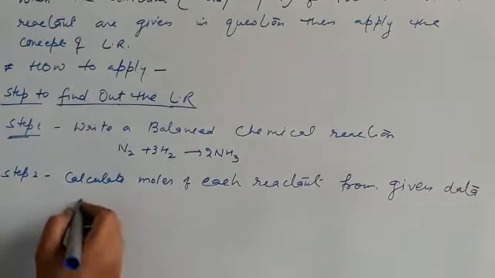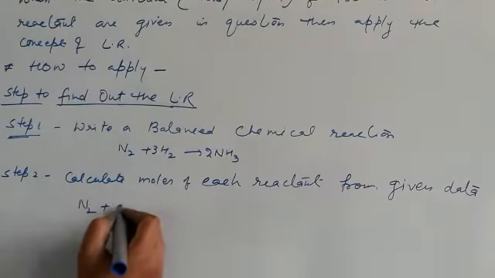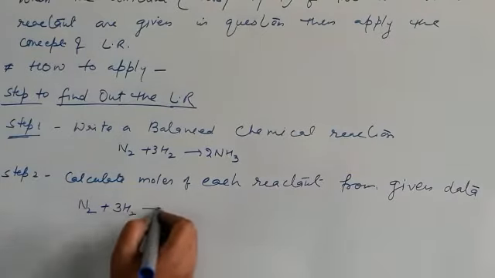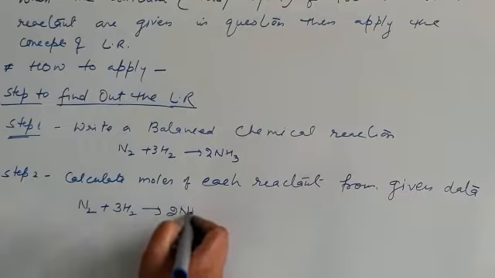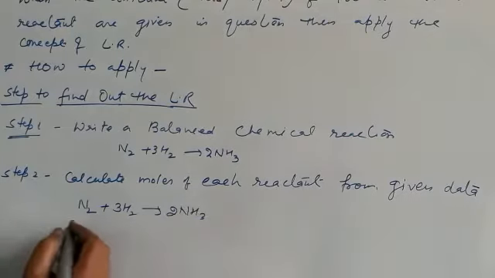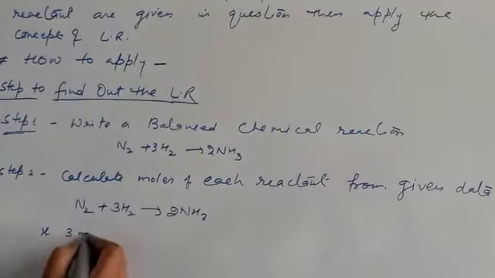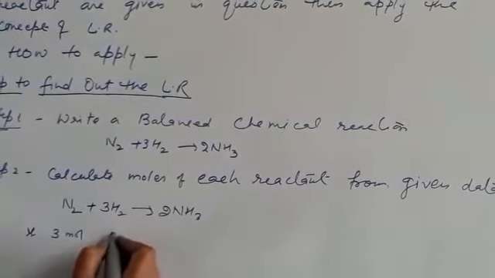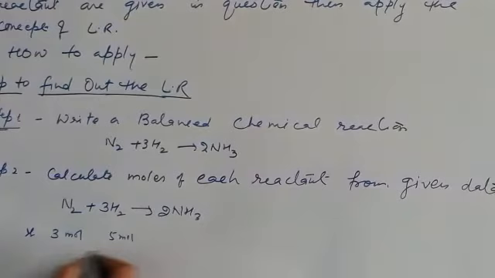For example, nitrogen reacts with hydrogen to form ammonia. The moles of nitrogen are 3 moles and 5 moles of hydrogen are given.